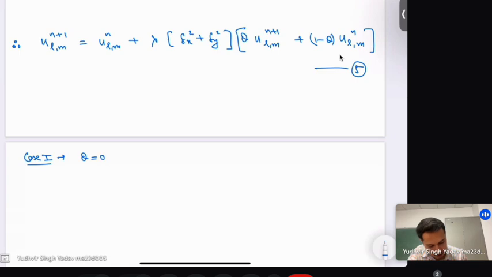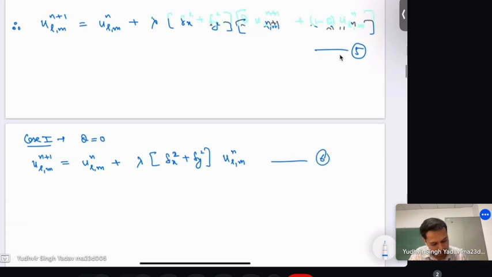Here, if theta is 0, then what you will get is u_{l,m}^{n+1} = u_{l,m}^n + lambda delta_x^2 delta_y^2 u_{l,m}^n, and as we have taken theta equals 0, this will be u_{l,m}^n.